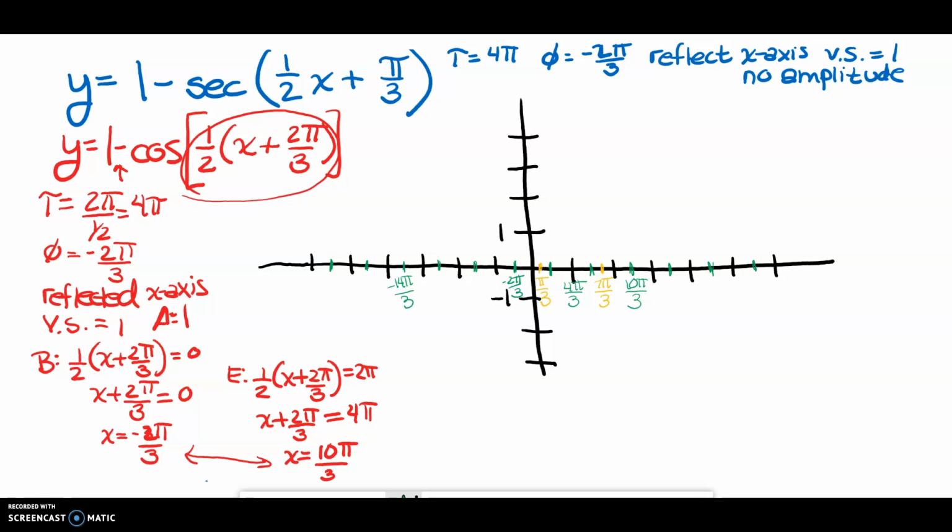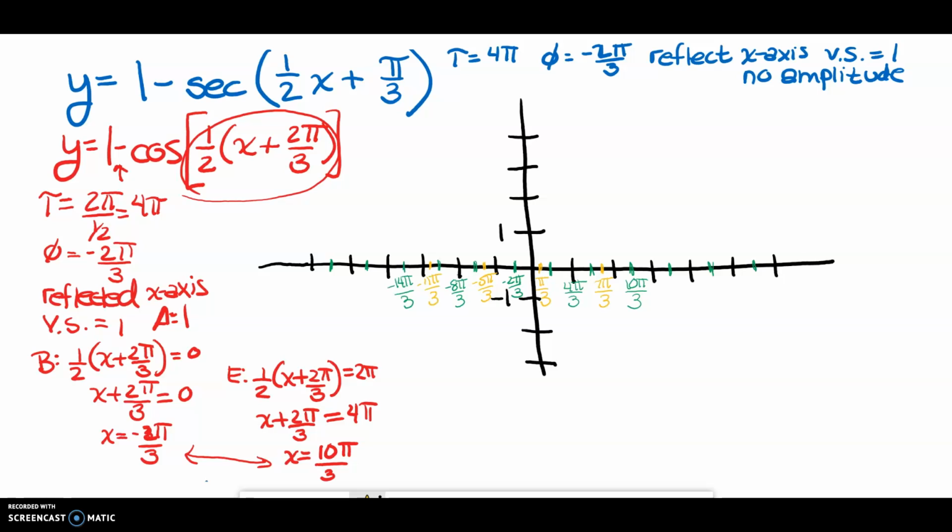My mid mark is going to be here, negative 8 pi over 3. Now I have to have these marks put in, and this is going to be negative 5 pi over 3, and negative 11 pi over 3.